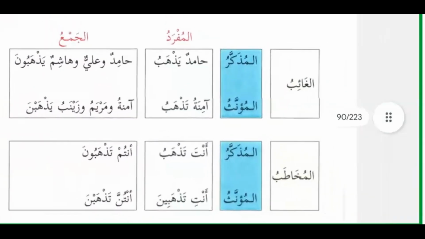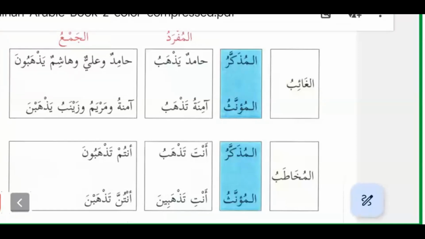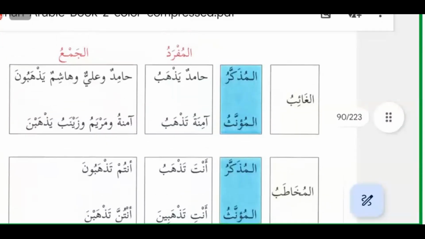So here we can see that there is a table which has rows and columns, and on top of it it's mentioned al-mufrad and al-jam'u. Al-mufrad means singular, al-jam'u means plural.